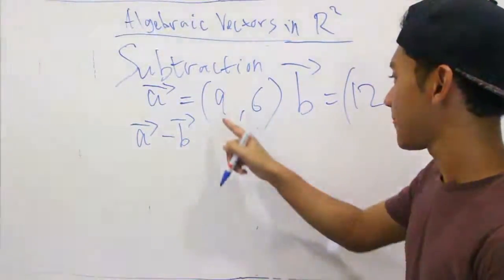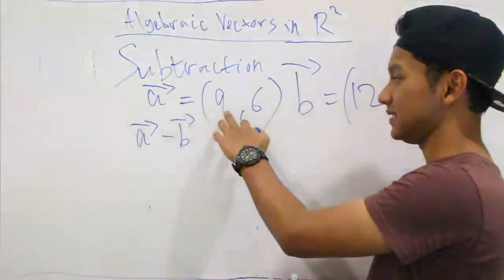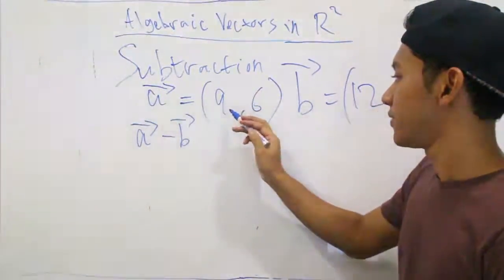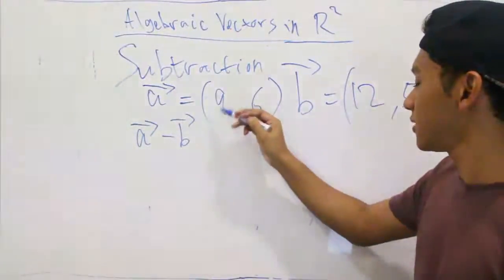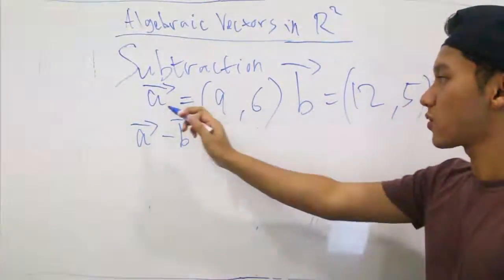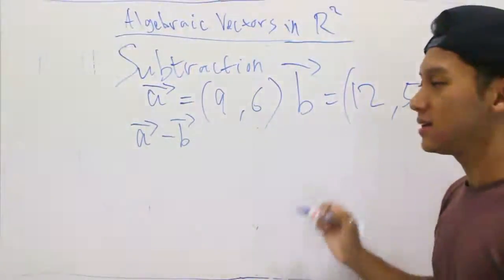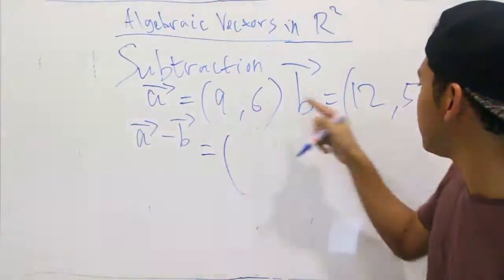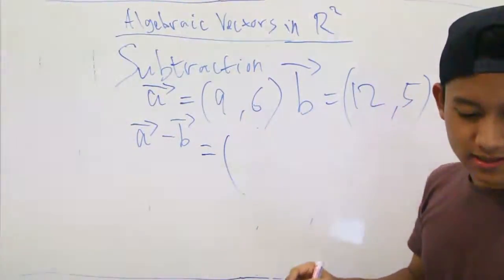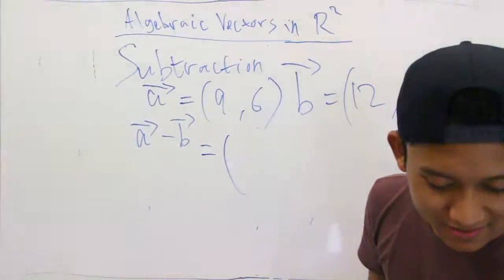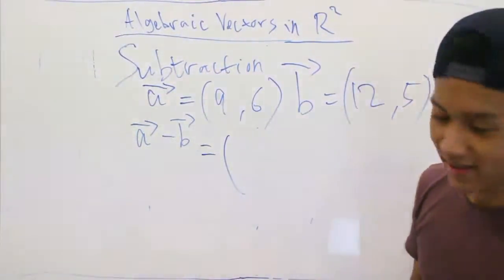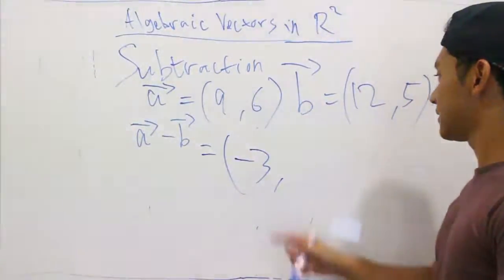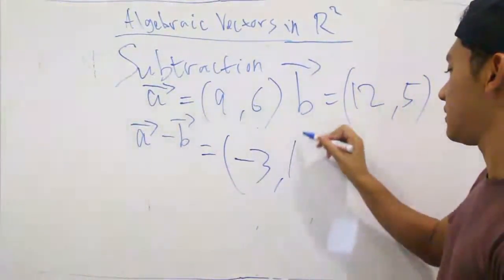As we've seen earlier, we subtract the x coordinate of A with the x coordinate of B, and the y coordinate of A with the y coordinate of B. So the answer will be 9 minus 12, which is minus 3 for the new x coordinate, and 6 minus 5 is 1.